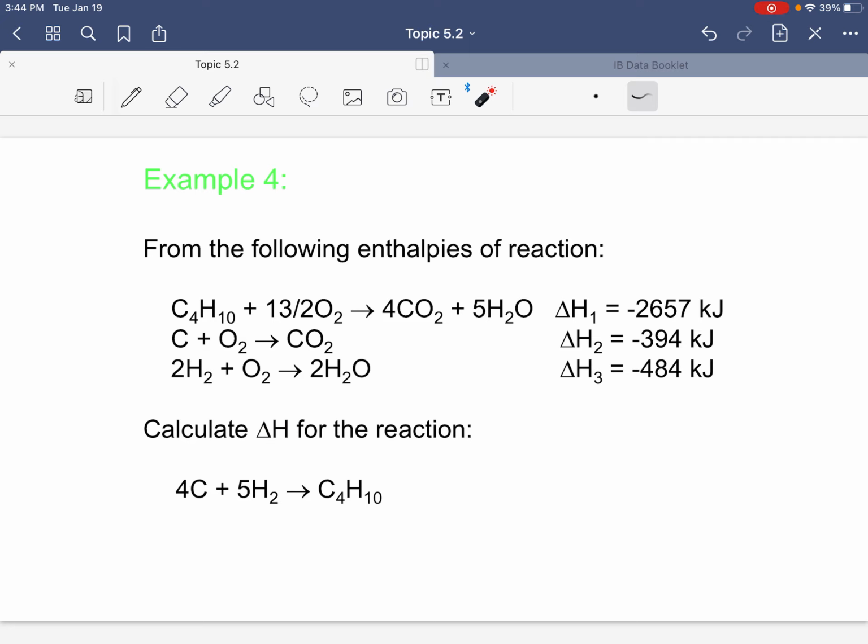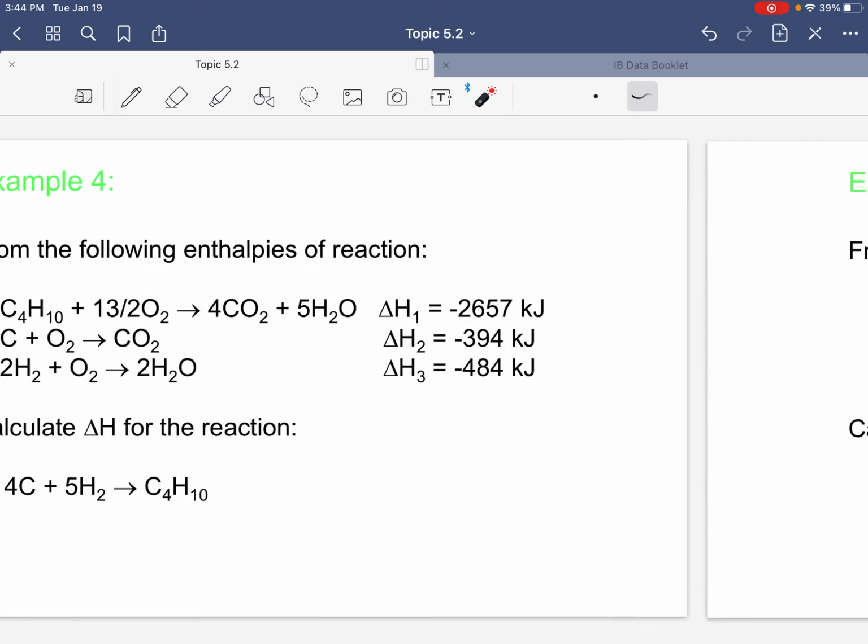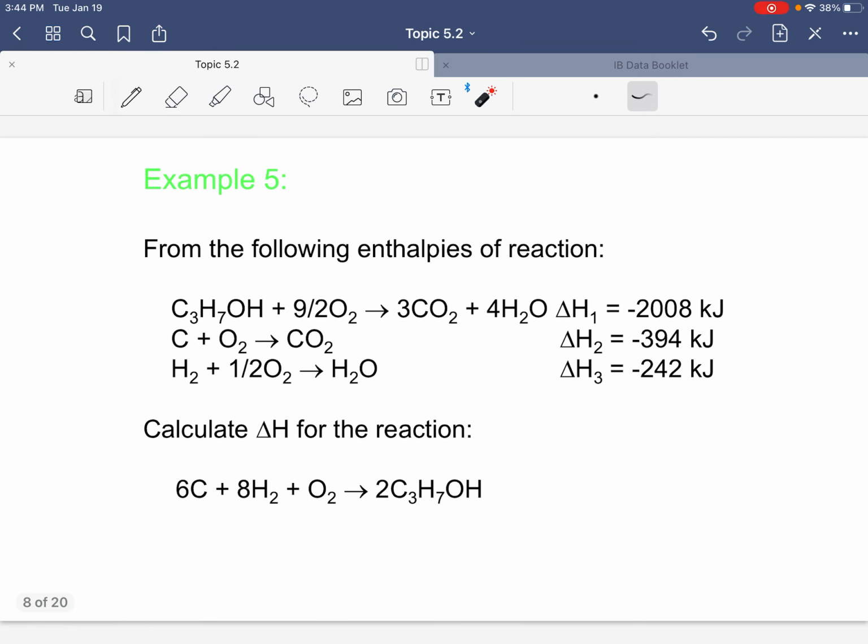And lastly, I'll give you an easy one. There is a flip and multiply, but there is no fraction. The answer is negative 284 kilojoules.